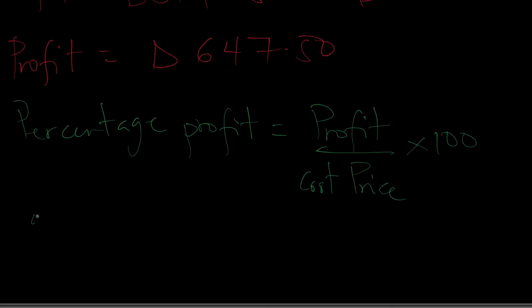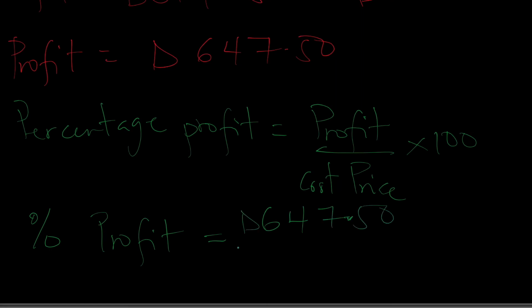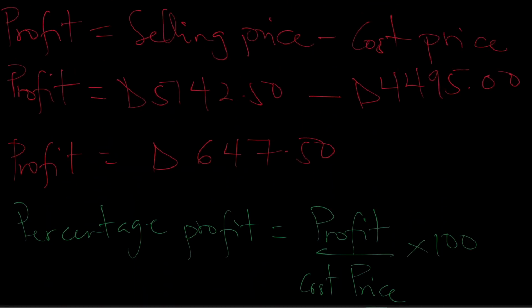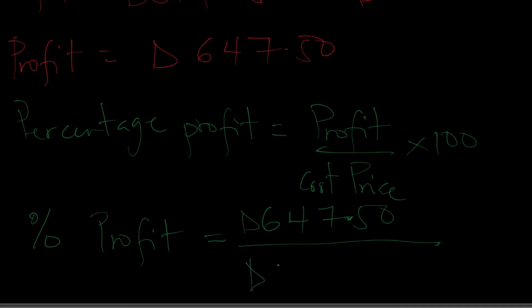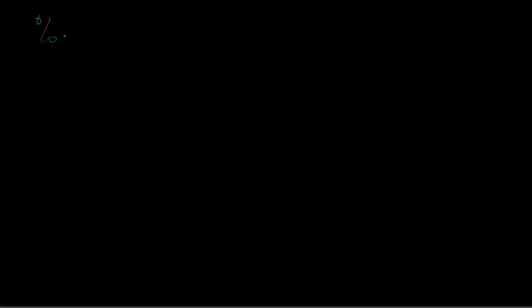So percentage profit should be equal to 647.50 all over our cost price, which was 4495, times 100%. So our percentage profit should be equal to 14.4%, corrected to 1 decimal place.